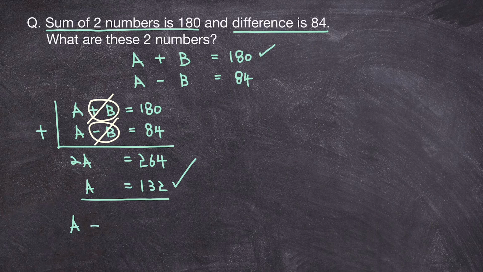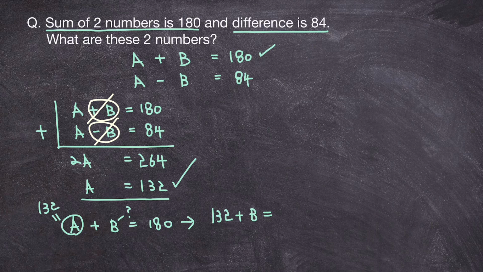So A plus B is 180, and if our A is equal to 132, what is our B? So our A is 132. So 132 plus B.